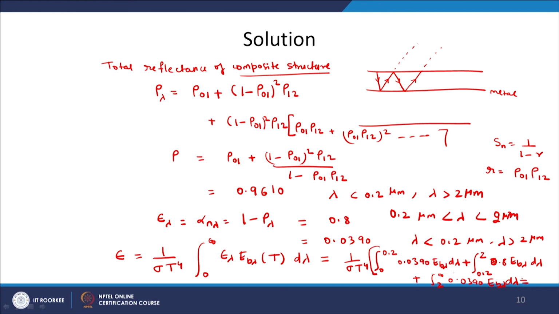When we solve this, we get the total value equal to 0.039. The value we get is 0.039 for the total emittance.